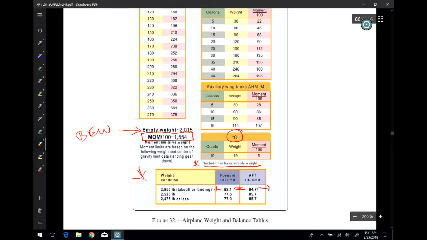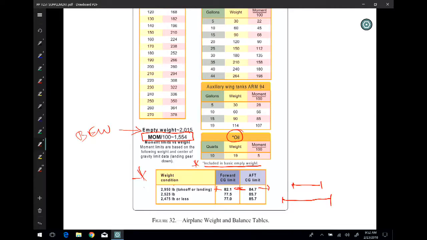You'll notice what happens as this airplane gets lighter. When it's heavy, you have a CG range that may be looking something like that. But as this airplane gets lighter, the CG range becomes a bit more broad. So keep that in mind as you're looking at these problems, okay?